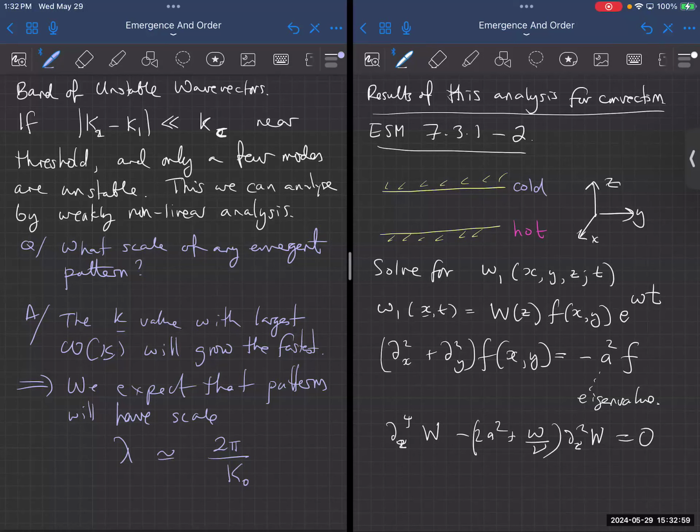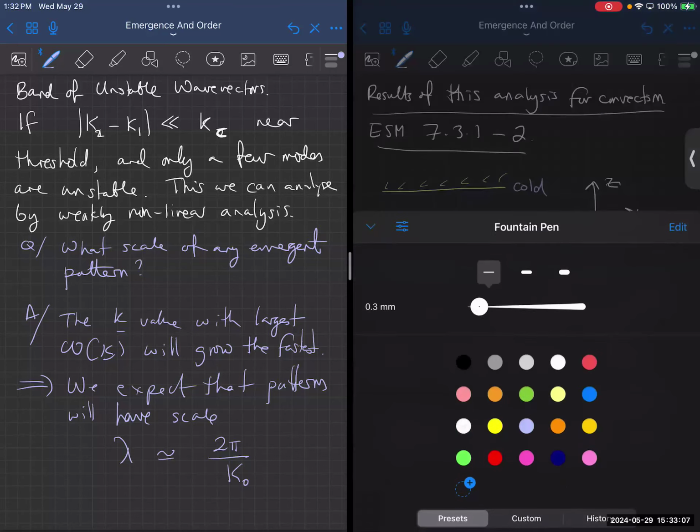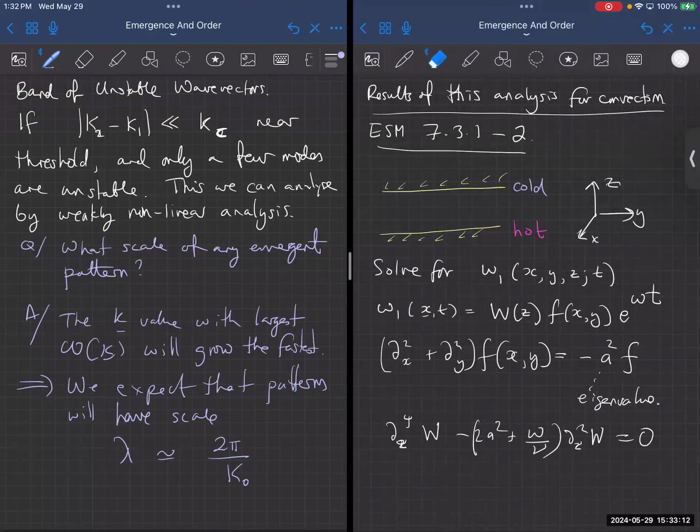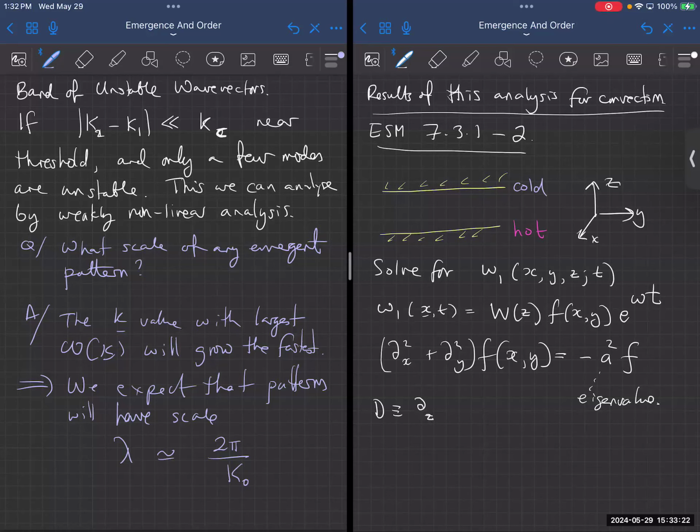Actually, that's not the equation of motion. I'm going to erase this. Ignore that, completely wrong. Okay, the equation of motion is this. I'm going to say D is equal to d by dz.